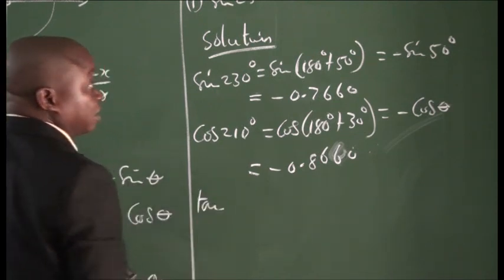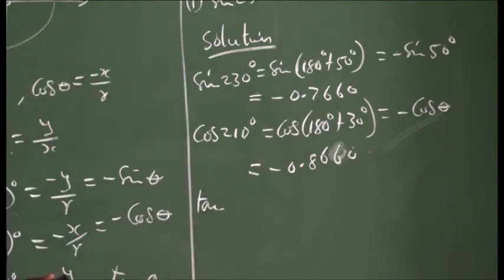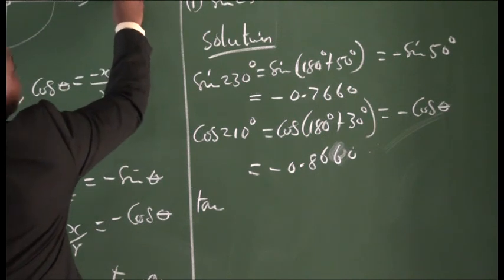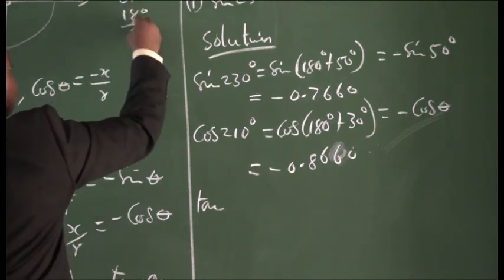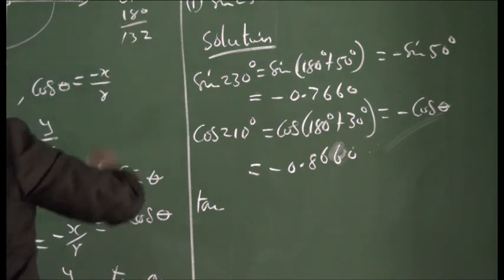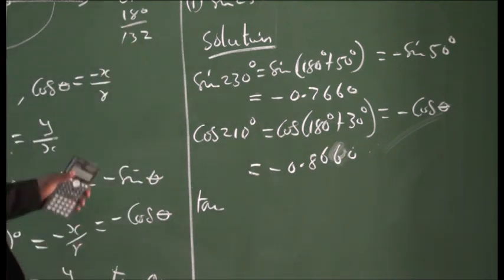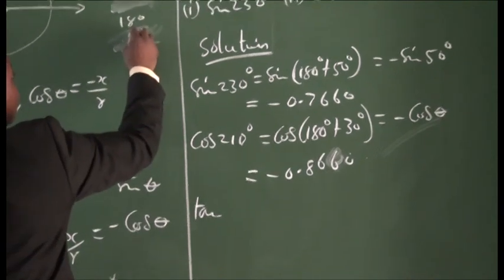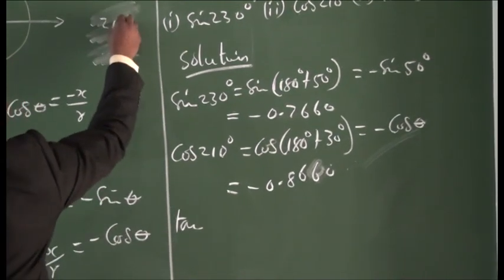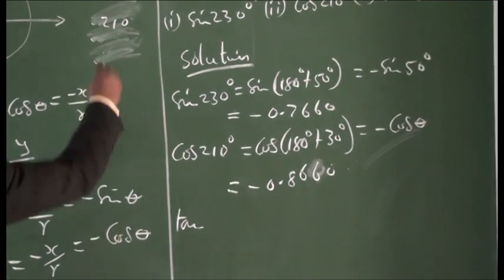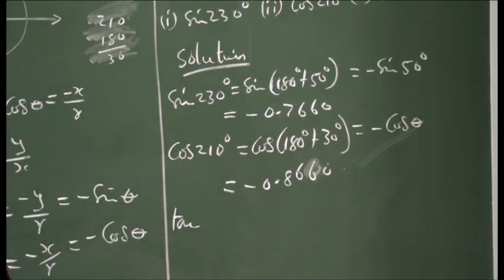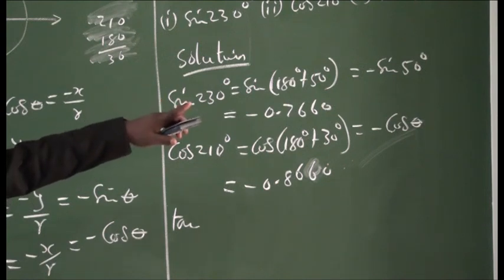Then another one is tan 212 degrees. We need to find what 180 plus something will give you 212, so we take 212 degrees minus 180 degrees, which is 32 degrees.